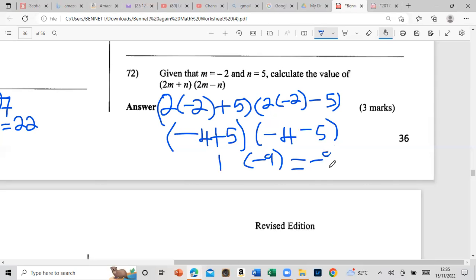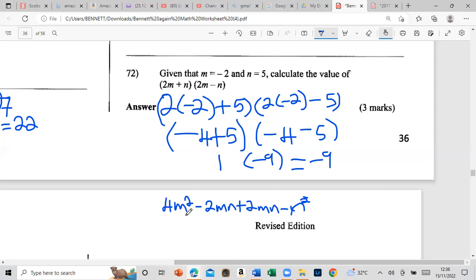But guys, I'm going to try something. If I choose to expand the bracket, I'll work it out with all of that. Alright, so it's a difference of 2 squares. So 2m times 2m gives us 4m squared. 2m times n gives us 2mn, and then we have minus n times 2m, that is going to give us minus 2mn, and then we have minus n times n, which is n squared.